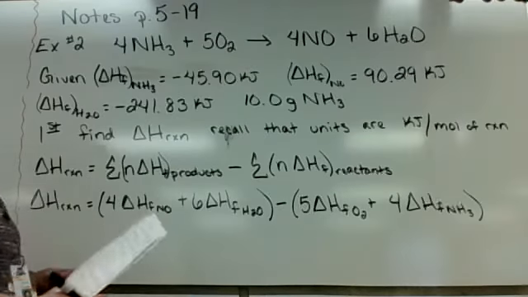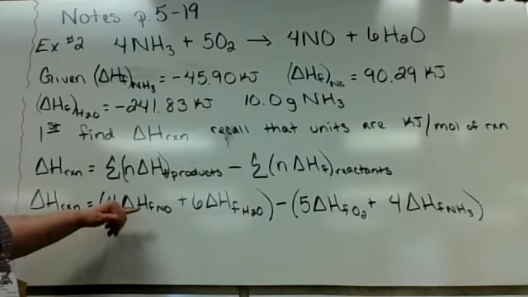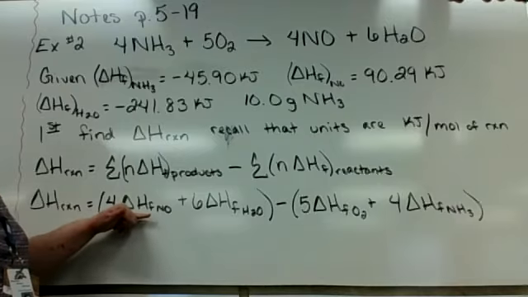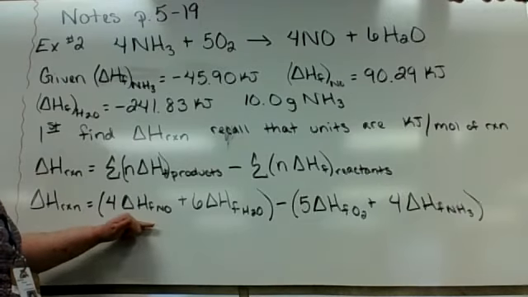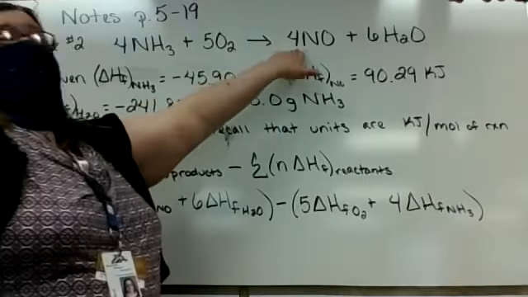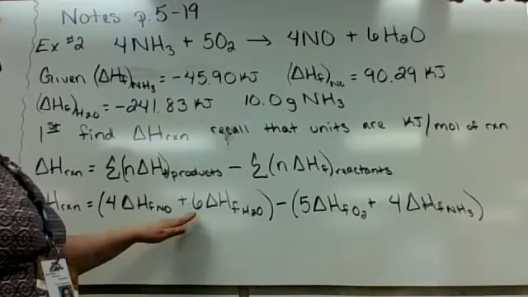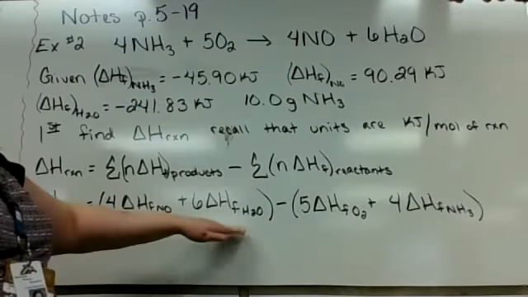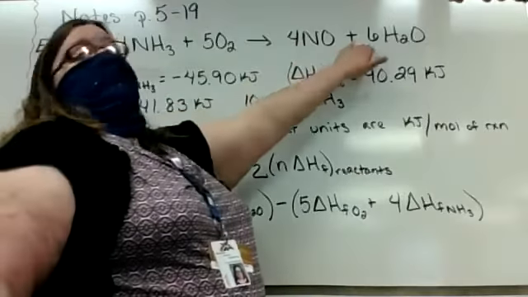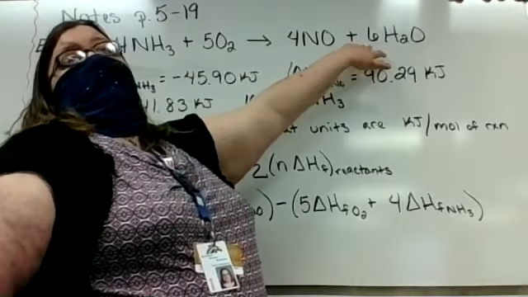Now, the reason why we have 4 times the delta HF of the NO is because we have 4 moles in the reaction. Okay, 6 times delta HF of H2O because we have 6 moles in the reaction.